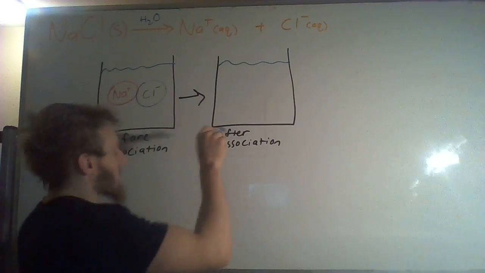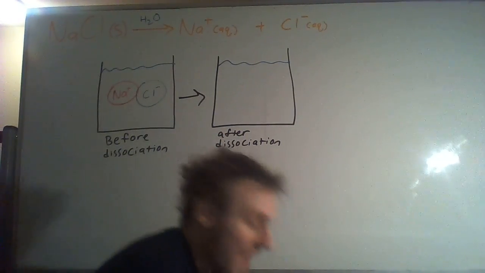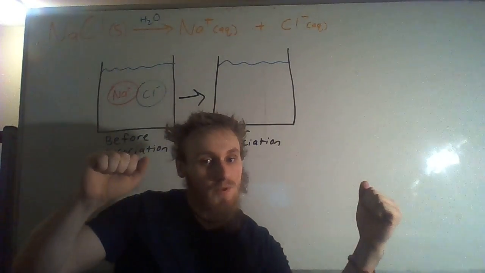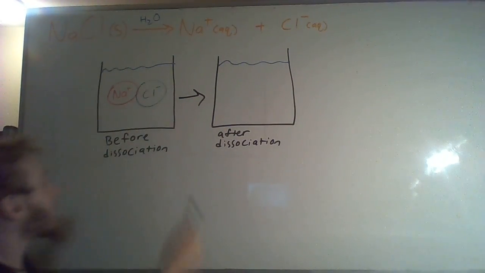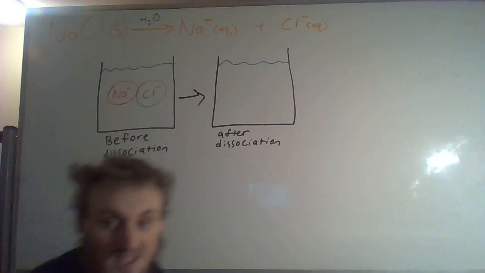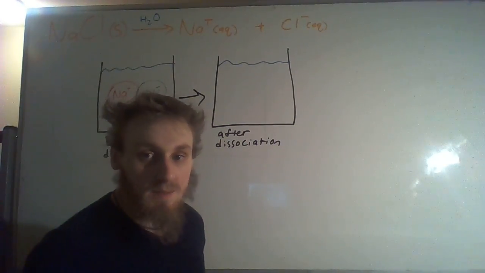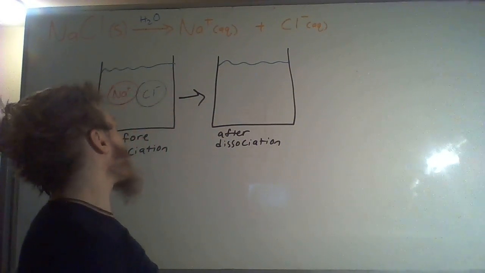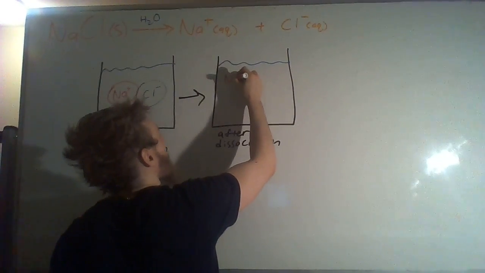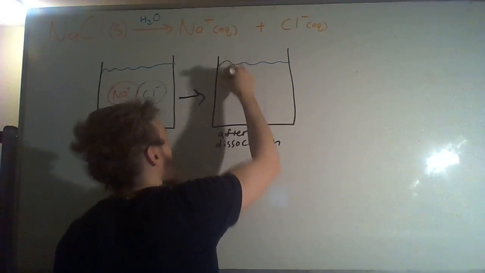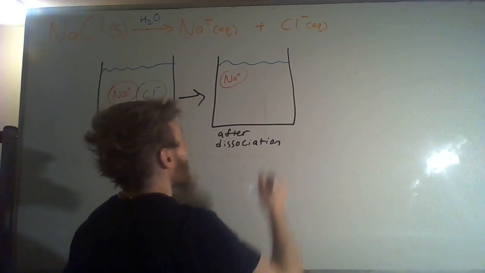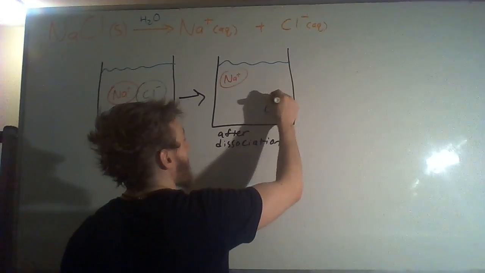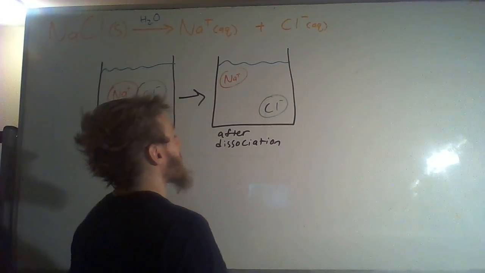So this is after dissociation, meaning after the ions have separated from one another. In this case, we're no longer going to have ions directly adjacent to one another in close proximity. Instead, we're going to have maybe a sodium ion floating around over here, and then a chloride ion floating around over here.